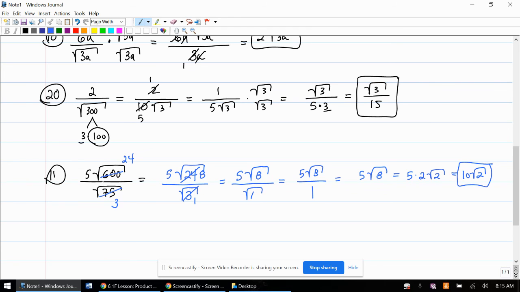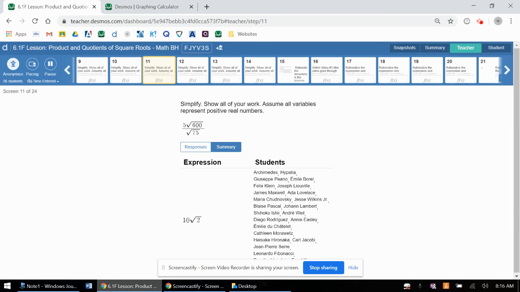If you get a huge mess trying to simplify this, maybe you overlooked something like canceling here. That just makes this problem way easier if you notice that you have 2 square roots in a fraction. Maybe doing that at the start will make it much cleaner and easier. And that just comes with practice. Let's make sure we did this correct. So 10 root 2 and 10 root 2.